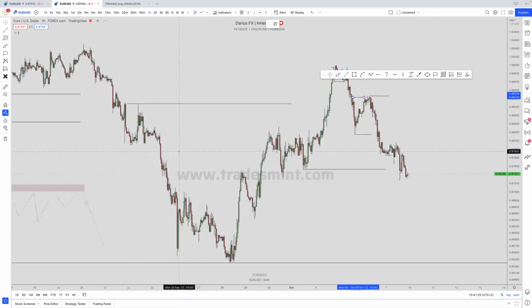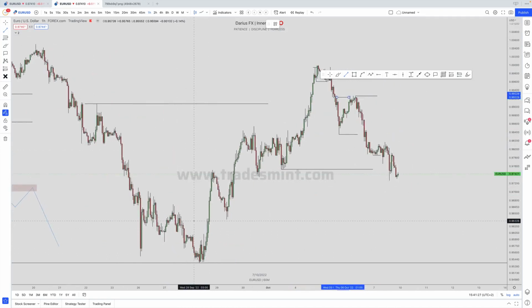Or, I don't know, you can see thousands of examples of how you're going down here, but here again you break it back up, right? But still, it continued to go down, down, then here again down, and then up, and so on, right? So it's just breaking it after it breaks.